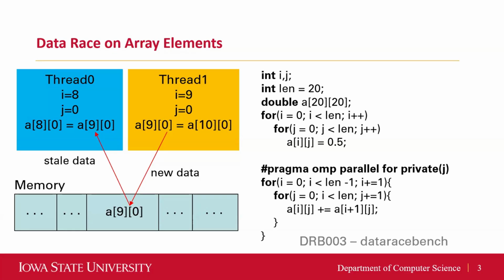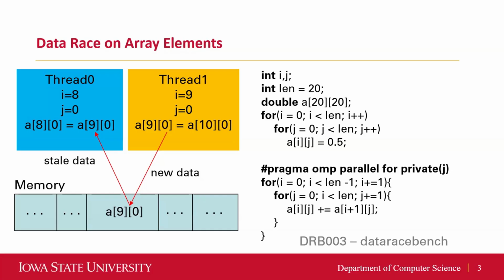In the case of array data types, this becomes relatively trickier than scalar variables because we need to check whether the indices of a write match the indices of a different write or of a read.